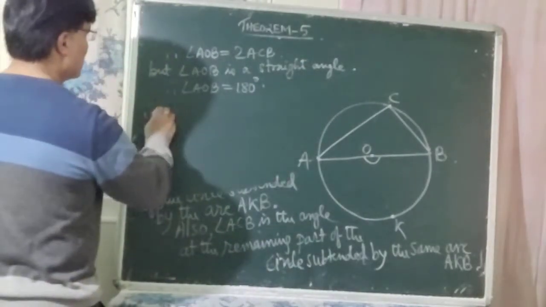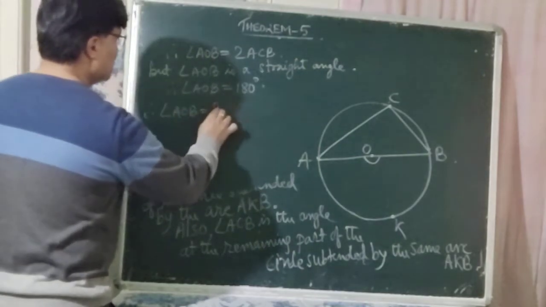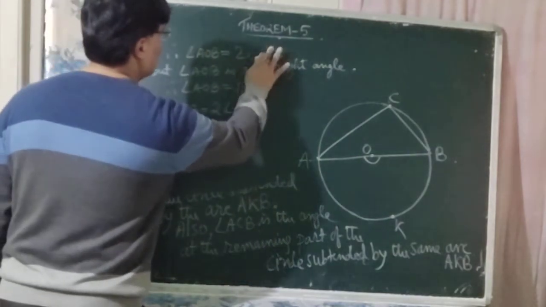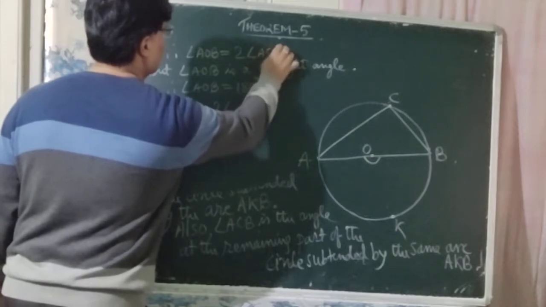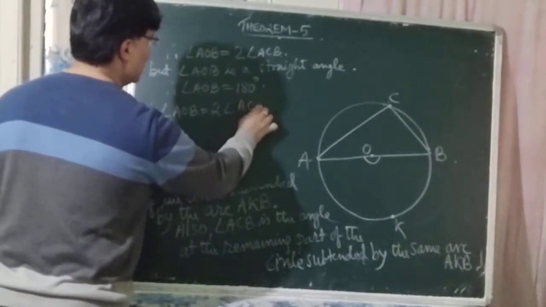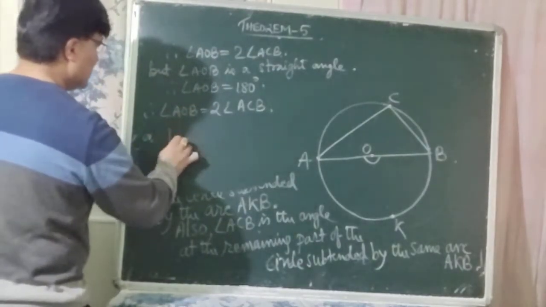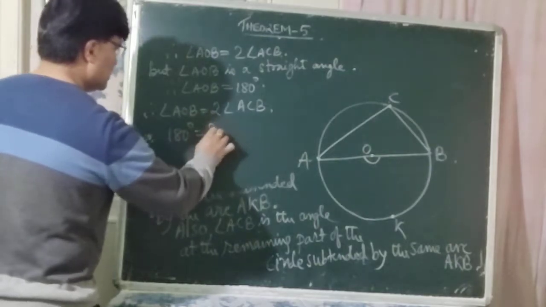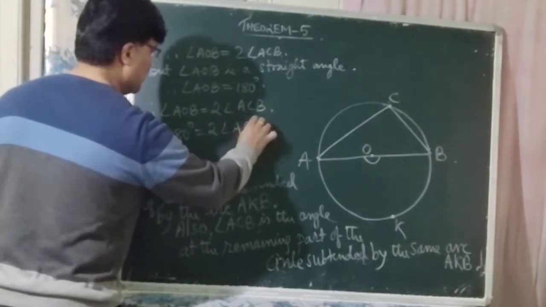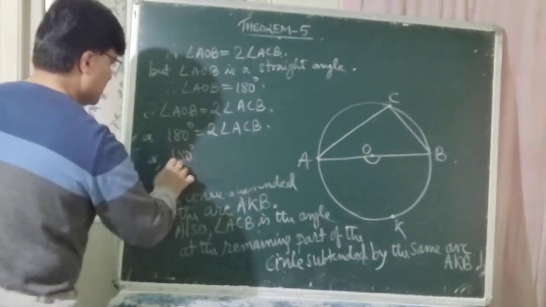Okay? So now again write down this part. Angle AOB is equal to twice angle ACB, right? What is angle AOB? It is 180 degrees, which is equal to twice angle ACB, or 180 degrees divided by 2.